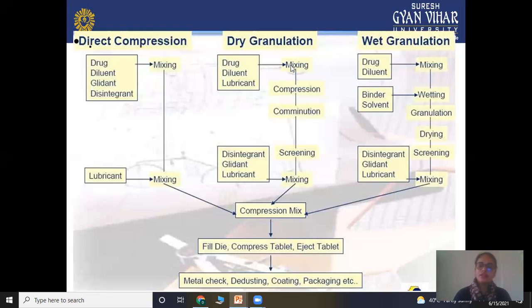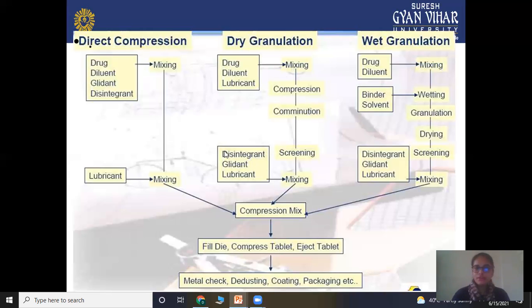No wet content or moisture is required in dry granulation. You take all the ingredients, mix them together, and heat at a particular temperature. Due to heating, it forms a mass, which you pass through a sieve, so screening takes place. After screening, mixing takes place again with certain excipients like disintegrant, glidant, and lubricant added before compression.